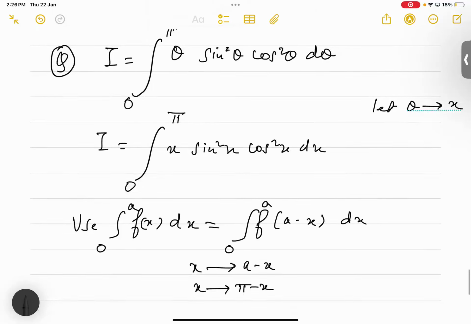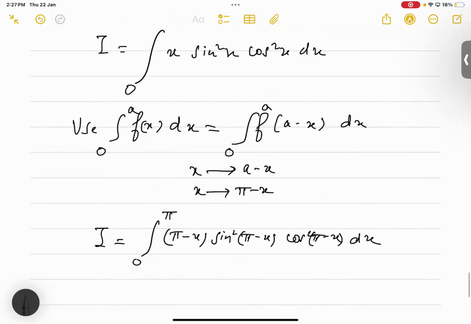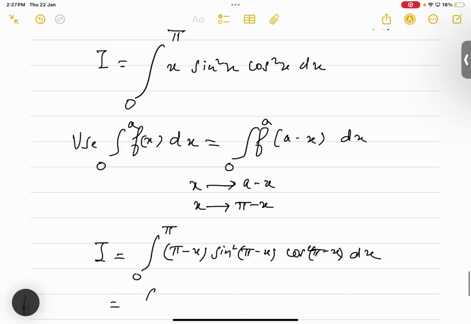X changes to pi minus x. What is sine pi minus x? Sin x. What is cos pi minus x?